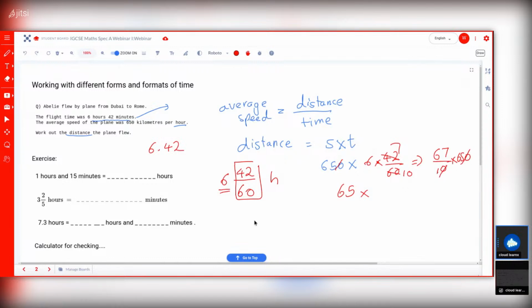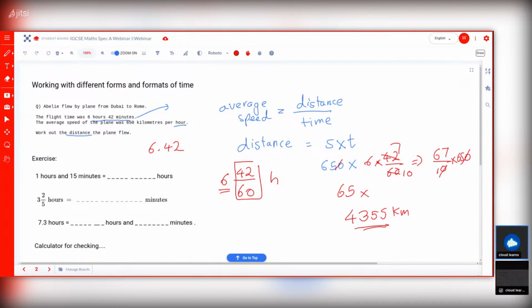Multiply that, and you should get your answer, which is 4,355 kilometers, assuming I didn't make any errors there. That's not the main point, not the simplification, but the idea of converting.